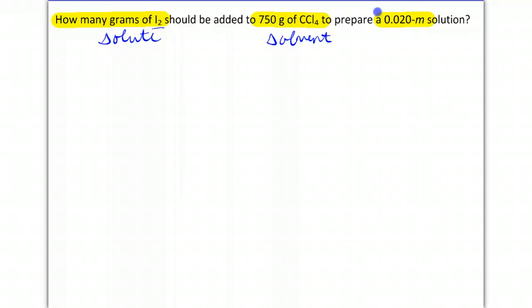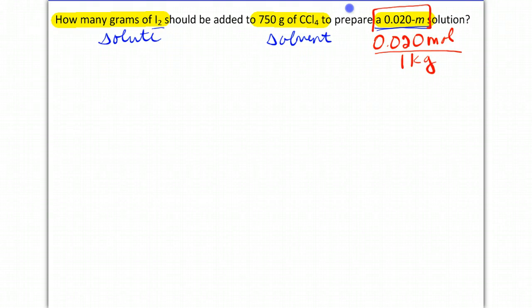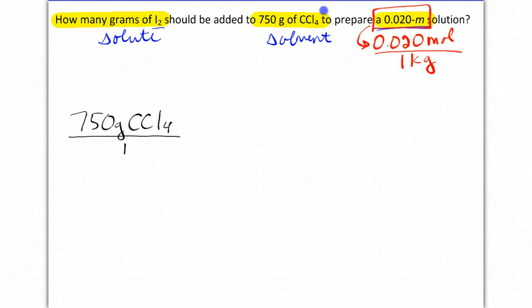So we also need to convert our molality. To do this, we're going to rewrite 0.020 molal as 0.020 moles over 1 kilogram. So we're going to change our molality to this because they are equal. Now I'm going to put my givens. My given, 750 grams of carbon tetrachloride over 1.